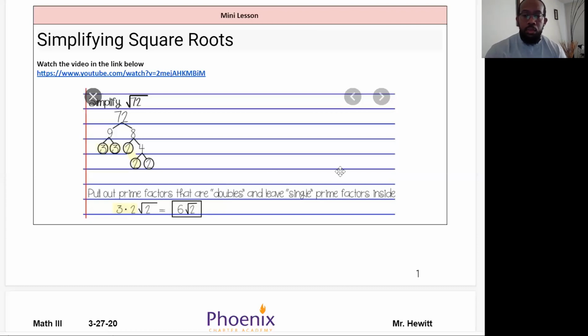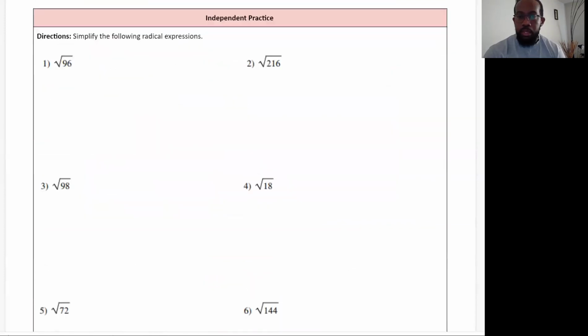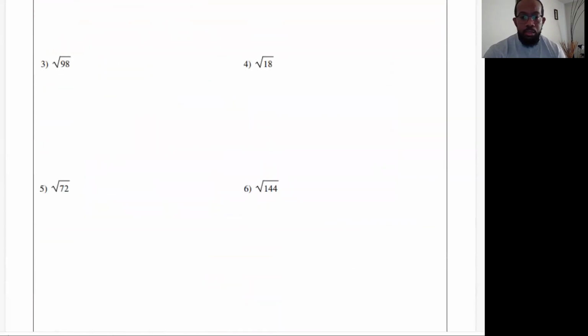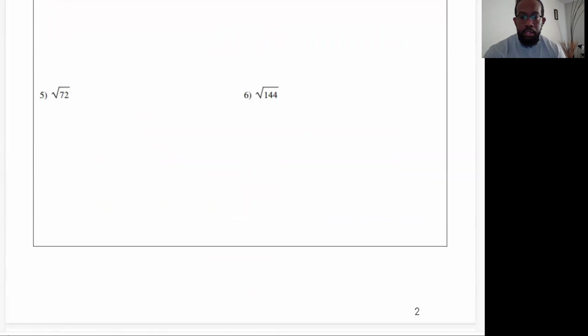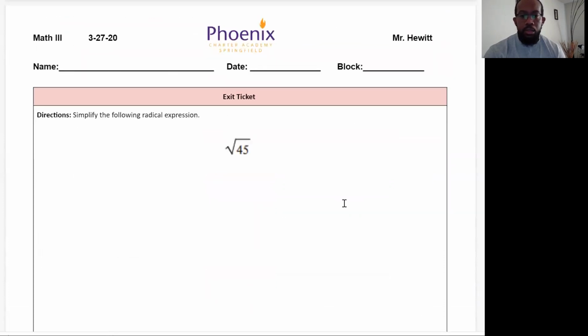All right, so you're going to do the independent practice, okay, which is here on page 2. And then you're going to do your exit ticket, which is here on page 3. And you're going to submit the exit ticket through Google Classroom.